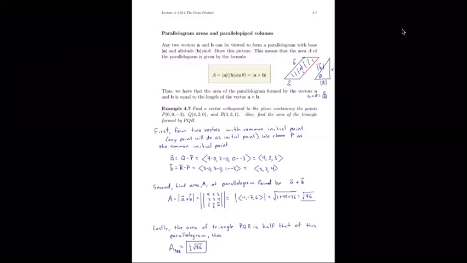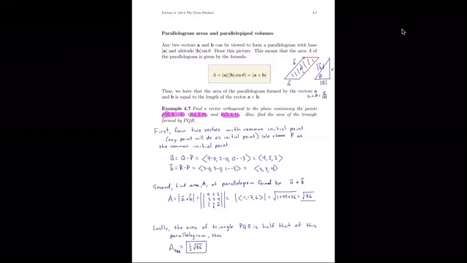Okay, so the problem below says we're given 3 points. We're asked to find a vector orthogonal to the plane that contains those 3 points, and then also find the area of the triangle formed by P, Q, and R. So using A cross B to find such a vector, we need 2 vectors A and B to find this vector that's orthogonal to the plane containing these 3 points.